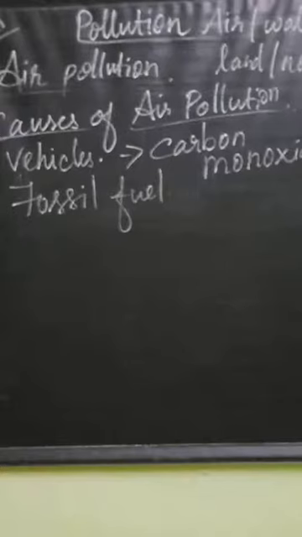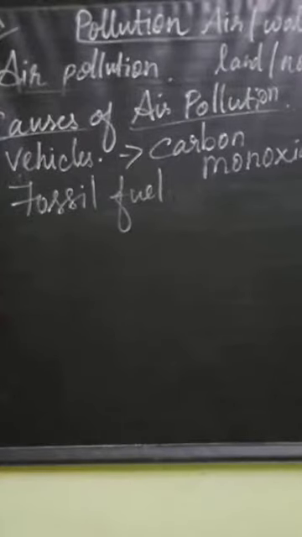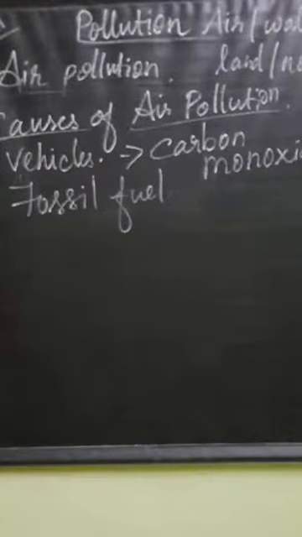So, this type of sulfur dioxide, for example, if you see in the crackers, while we are burning crackers, a lot of smoke comes out, isn't it? So those are all called oxides.